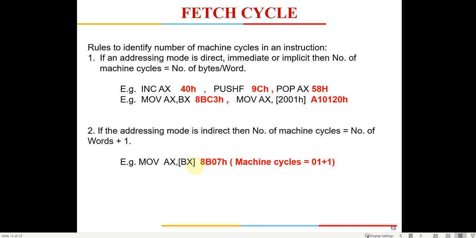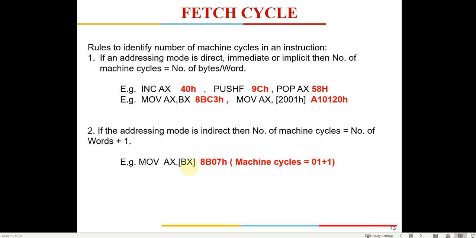That cannot be directly used for generating the physical address, right? That cannot be placed as an address line. So you have to get the data which is available in BX and then generate the physical address. So it will take one more machine cycle to generate the physical address.